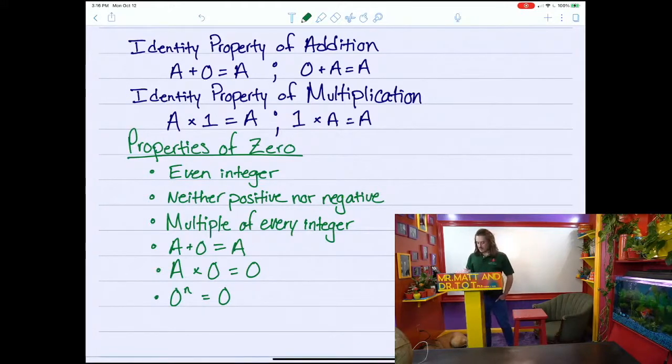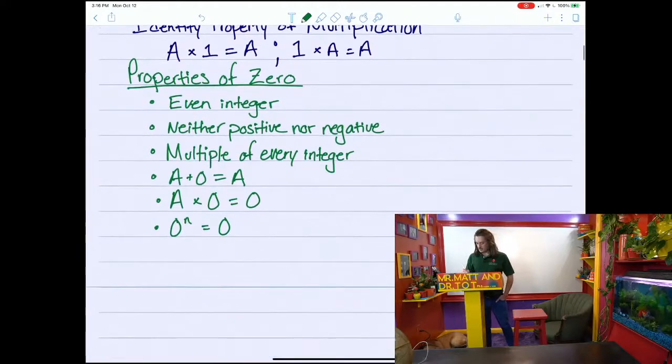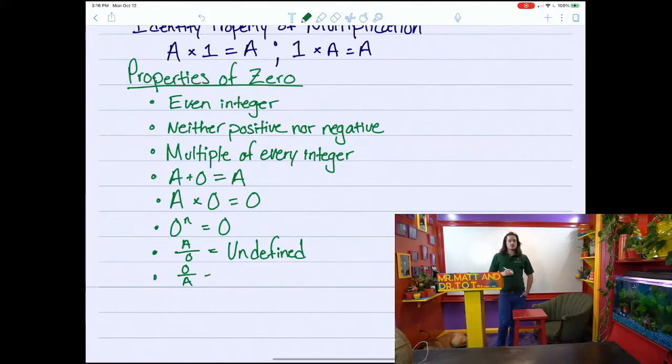You can never, ever divide by 0. So a divided by 0 is undefined. That means it doesn't work. Can't do it. 0 divided by some number, though, is going to be 0. The conceptual understanding you should gain from that is that division is the separation of values into equal groups.